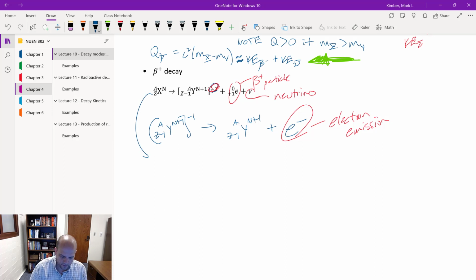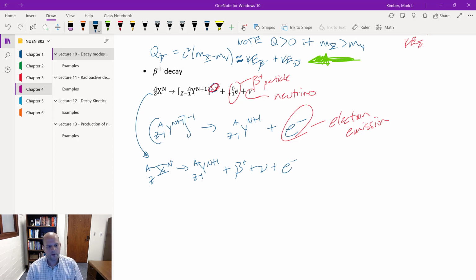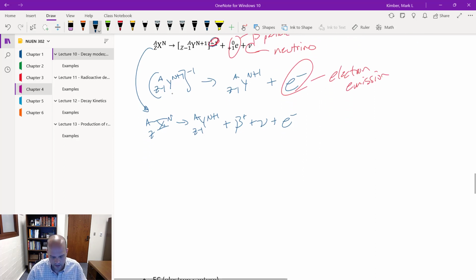And so just like before, we can replace this and look at the full expression. This is going to be my neutral daughter, and then I've got my beta plus particle, my neutrino, and then this electron. So that's the full equation. That is my reaction. So let's look at the masses.